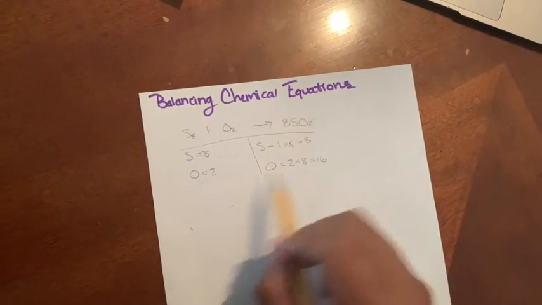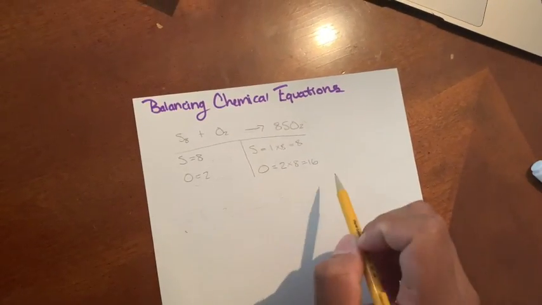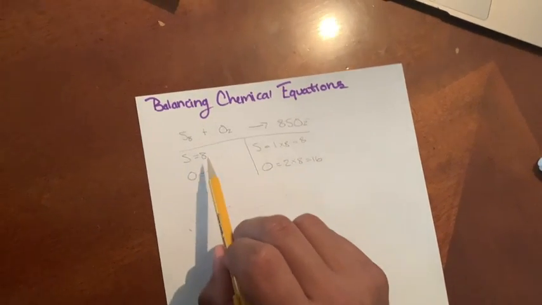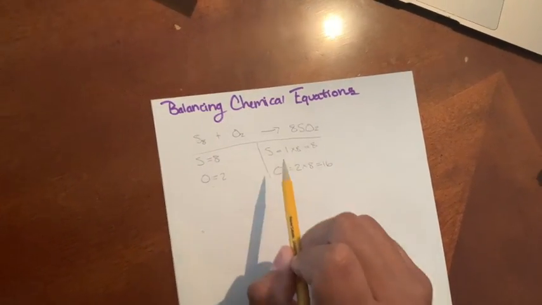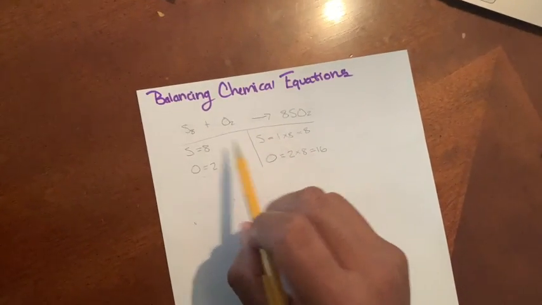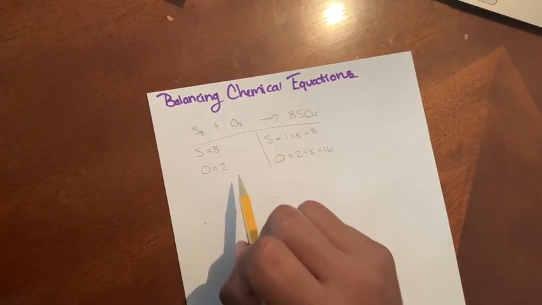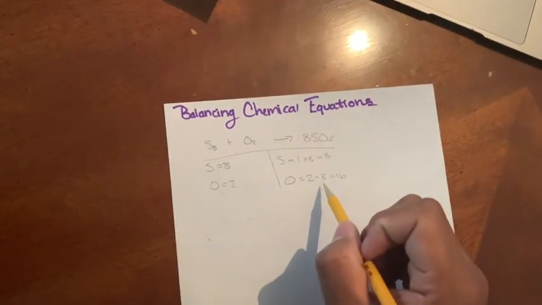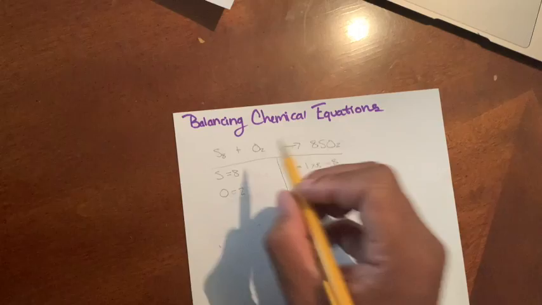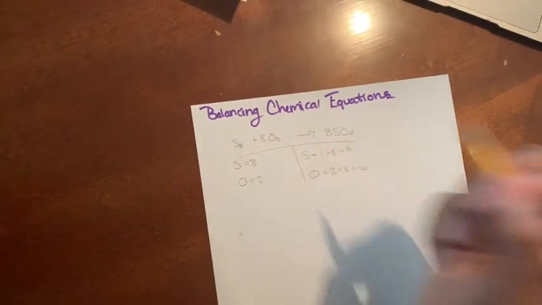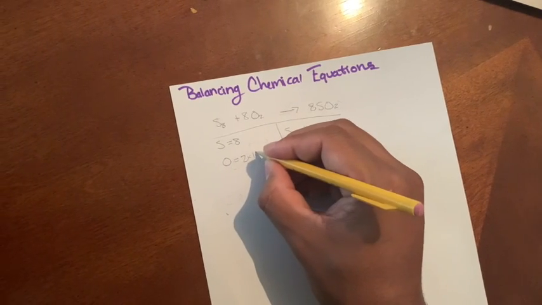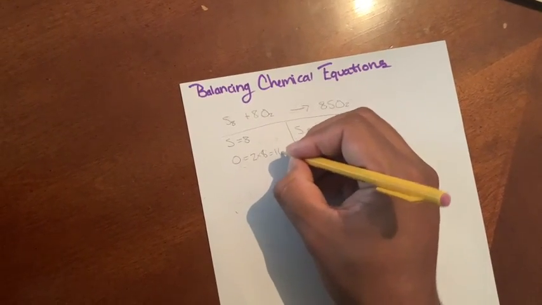So now our oxygens are not balanced. We have to find a way to balance our oxygens, since our sulfurs are happy and balanced. The way we can do that is 1 multiplied by 2 gives us 2, and we need 16. We already did it, 8. So we plug an 8 in front of this oxygen, multiply this by 8, and we get 16.